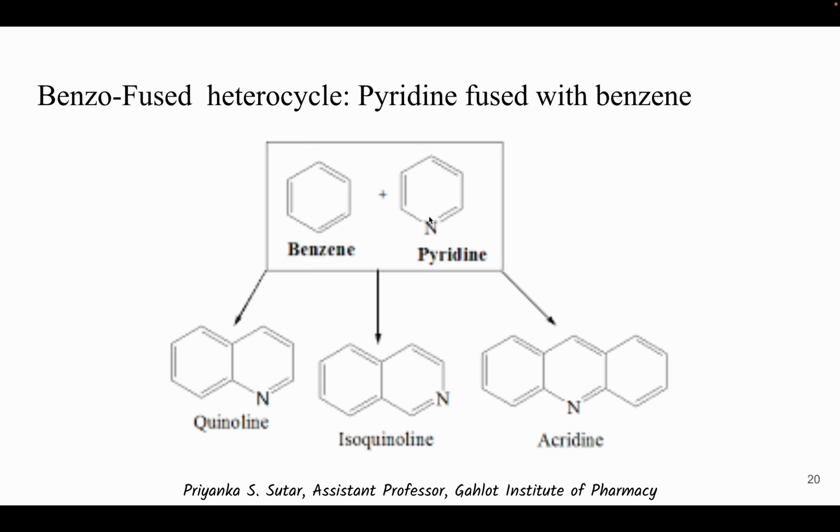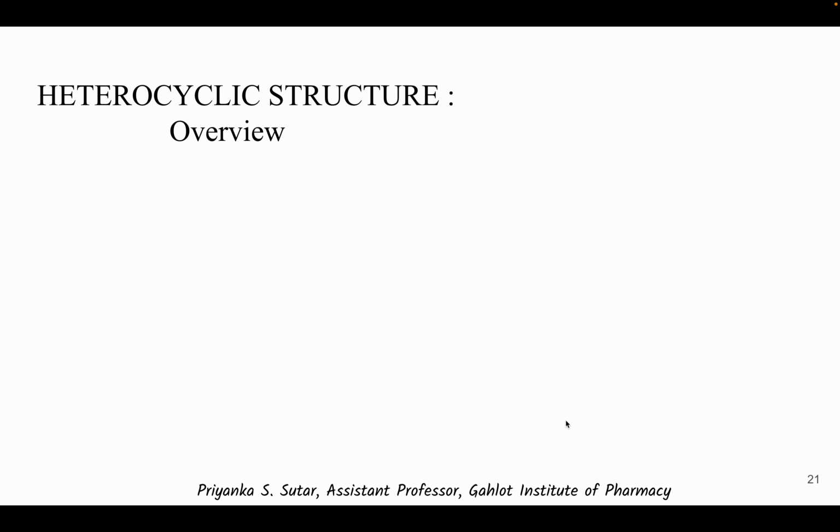Fusion of benzene and pyridine. Benzene and pyridine gives quinoline. Benzene and pyridine, when fused at the third and fourth atom, gives isoquinoline, and when two benzene rings are fused with the pyridine, it gives rise to the structure acridine.